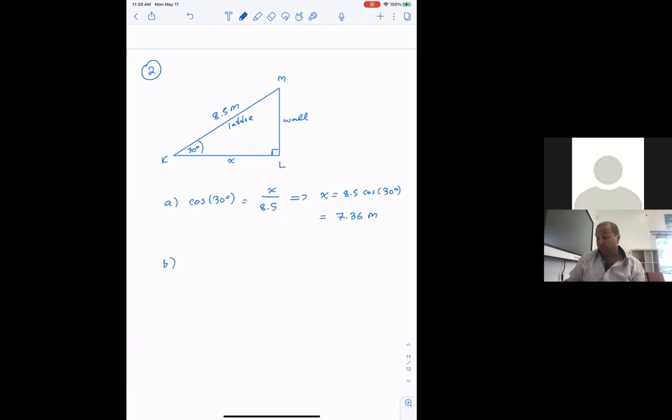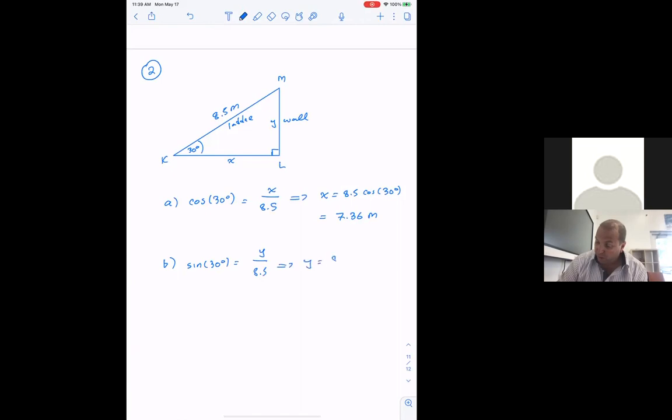B. Find how far up the wall the ladder reaches. Well, two options, Pythagorean theorem or back to trigonometry. Again, let's focus on the trig. So hypotenuse, I know. Opposite, I want. Opposite hypotenuse, which one's that? Oh, that's sine. So sine of 30 degrees equals, we'll call this y, equals opposite over hypotenuse.